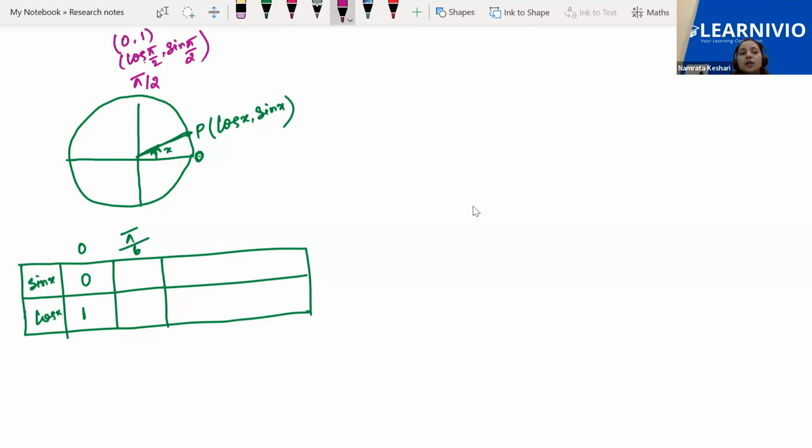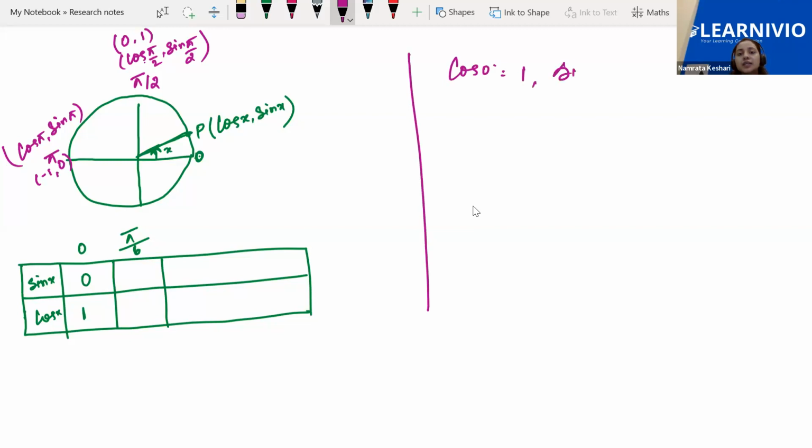We already knew that. Then what about pi? Cos pi, sin pi. Here the coordinate in this unit circle was x is negative 1 and y is 0. So cos 0 is 1, sin 0 is 0.